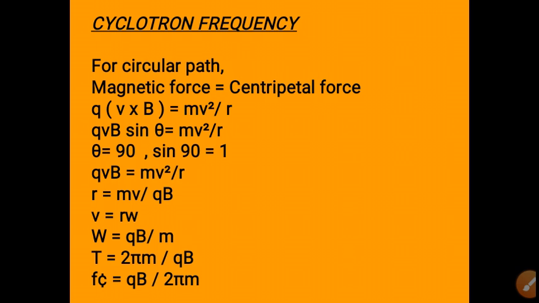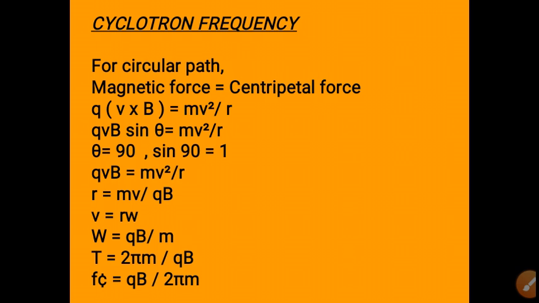All these are the same derivation we have done in the last class. Therefore, v cross B we can rewrite as q v B sin theta equal to m v square by r. Since the magnetic field is perpendicular, theta is equal to 90 degrees, sin theta is equal to 1. Therefore, q v B is equal to m v square by r, or r is equal to m v by q B.